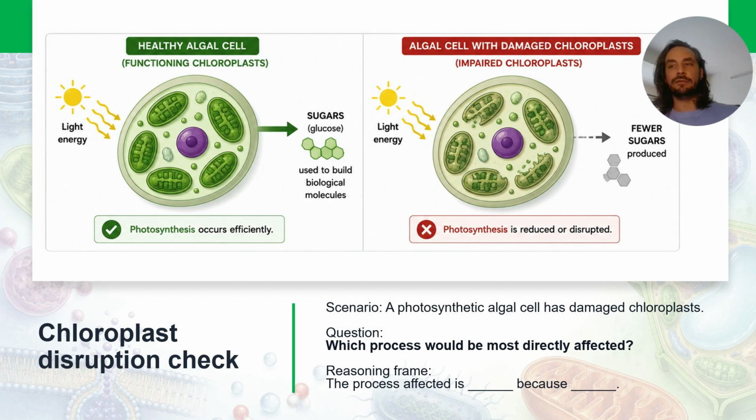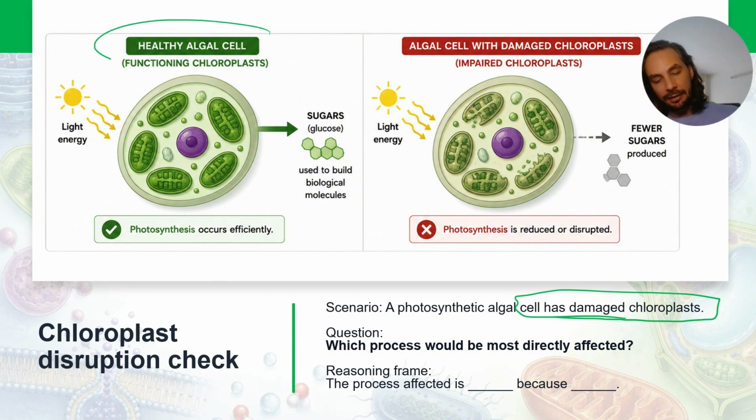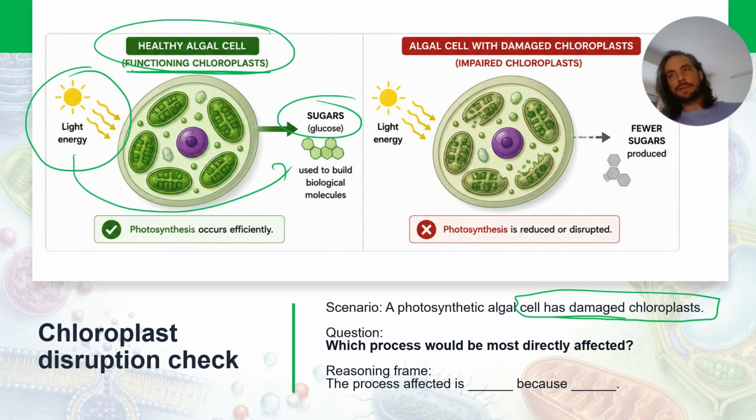So if we look at the disruption, a photosynthetic algal cell has damaged chloroplasts. Okay, so here is a healthy algal cell. It has functioning chloroplasts. It takes in light energy and it builds sugar or glucose. Now if we look at one that is disrupted, so the chloroplasts are impaired.